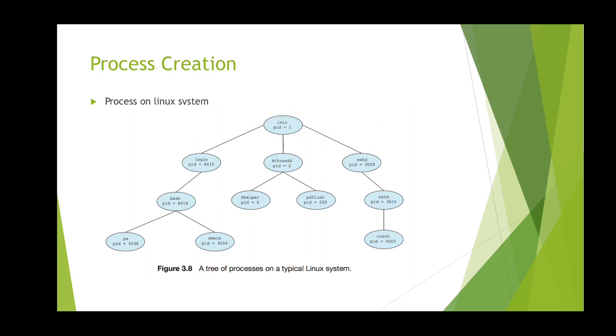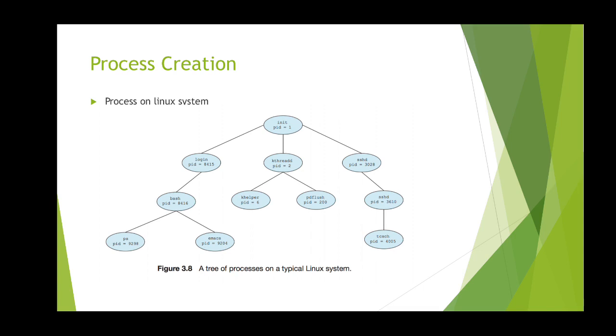It has multiple children such as the login process, kthread process, and sshd process, and each has a different process ID, and all these child processes again have sub-children like khelper, pdflush or bash process, etc. And these children can also have another child like ps, emacs, etc. In this case, the process ID of every process should be unique, and each process can be identified using this unique process ID.